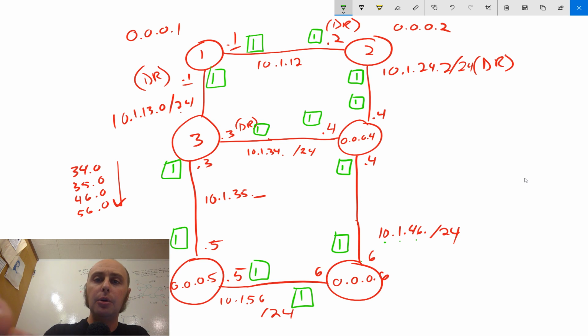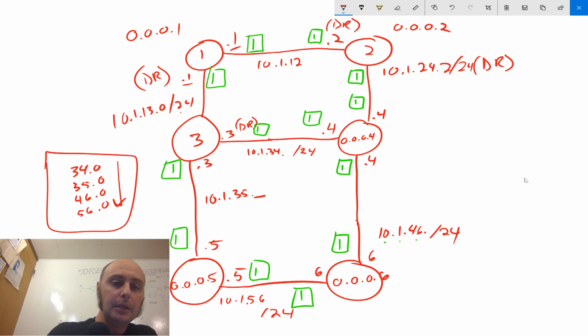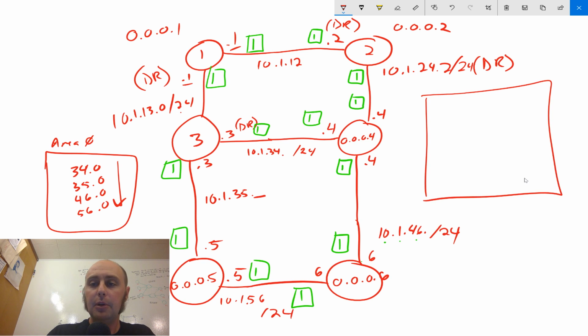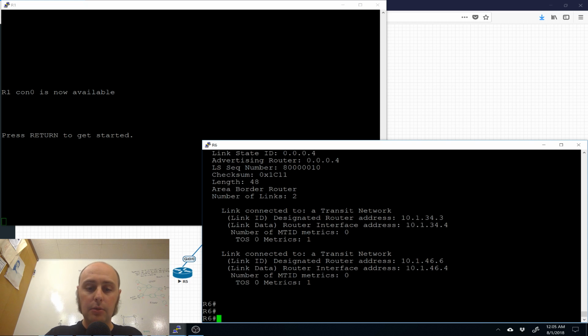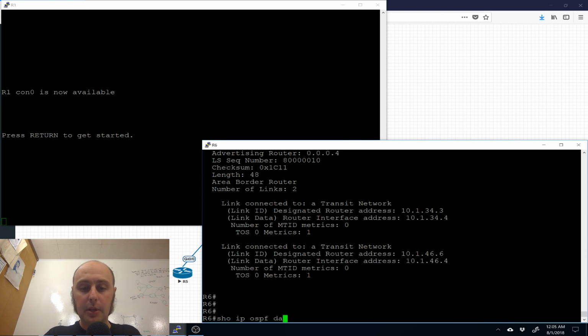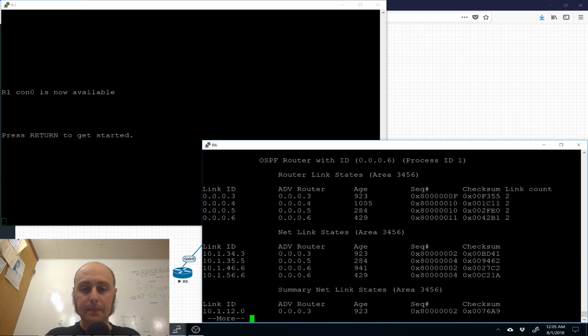Now remember what I drew over here, what I drew in red. This was from area 0's perspective. Now let's draw over here in this box, from the area 3, 4, 5, 6 perspective, what the summary routes are. Router 6, show IP OSPF database.